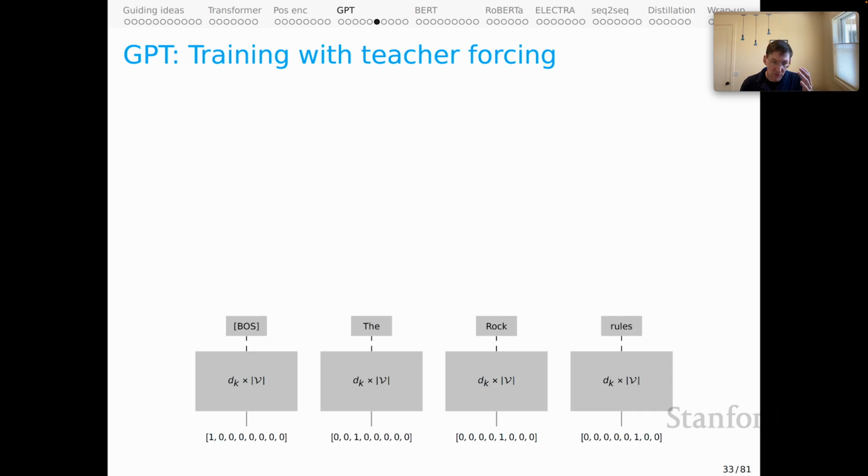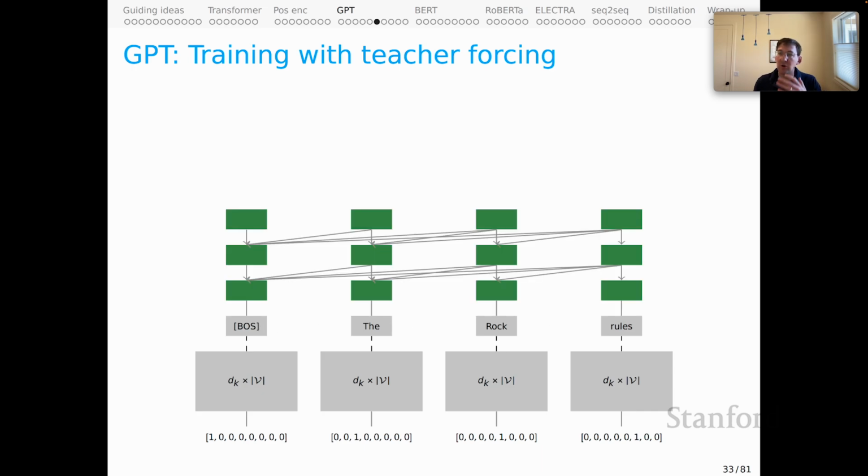As a shorthand, I have depicted the names of those vectors: B for beginning of sequence, the rock rules. That's the sequence there. Then we have a whole bunch of those transformer blocks, which I've summarized in green here, and just a reminder, I've got all those arrows showing you the attention pattern so that we always look into the past, but never into the future.